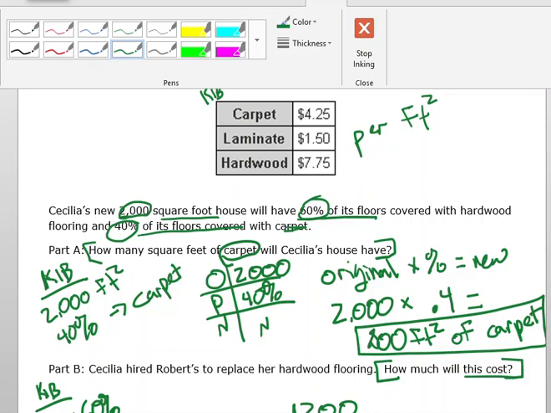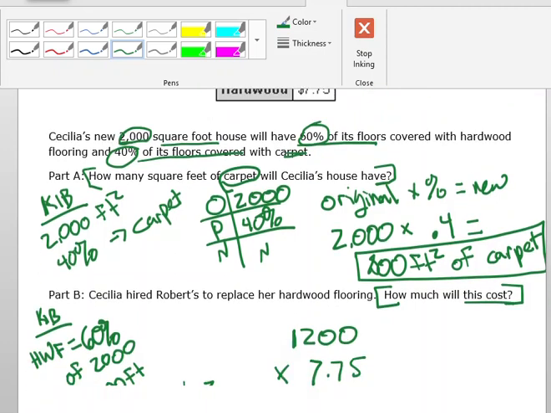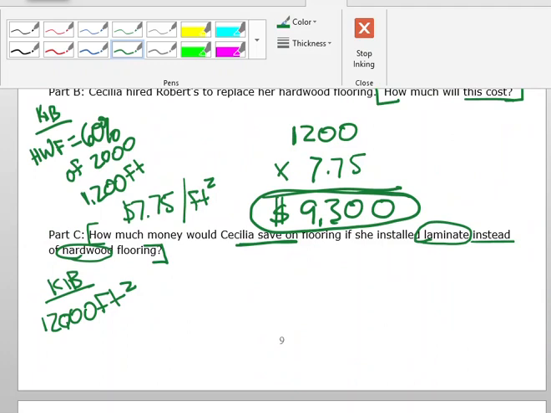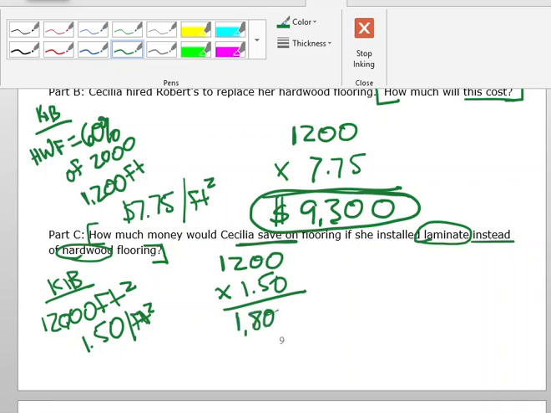Instead of $7.75 per square foot, I'm looking at $1.50 per square foot. So I know the laminate flooring is $1.50 per foot squared. So I'm going to take that same 1,200 and multiply that by 1.50. I'm going to use my calculator again, 1,200 times 1.50, and that's going to give me $1,800. All right, quite a big difference.